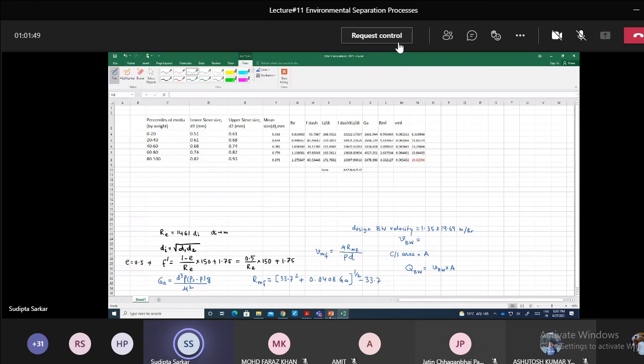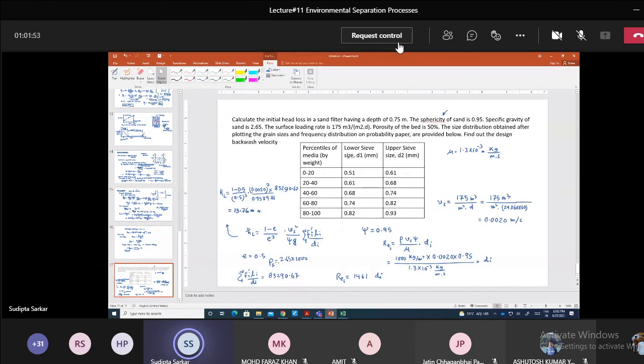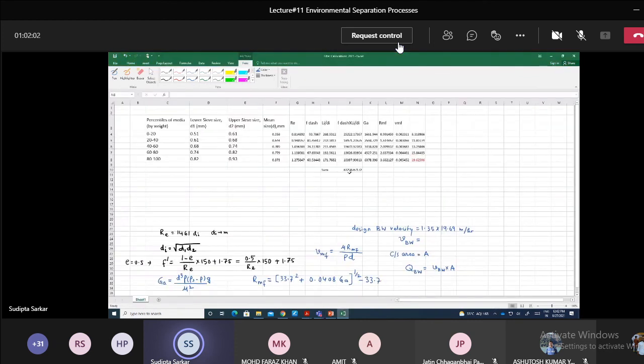If you look at this problem, we can actually find out a solution for this problem using this particular formula.